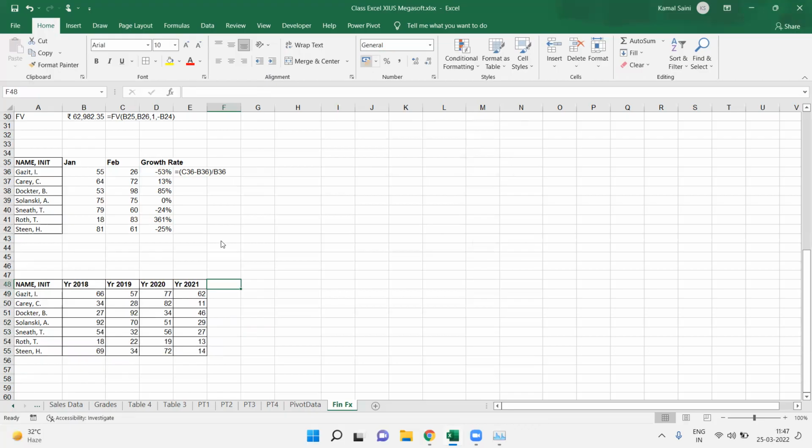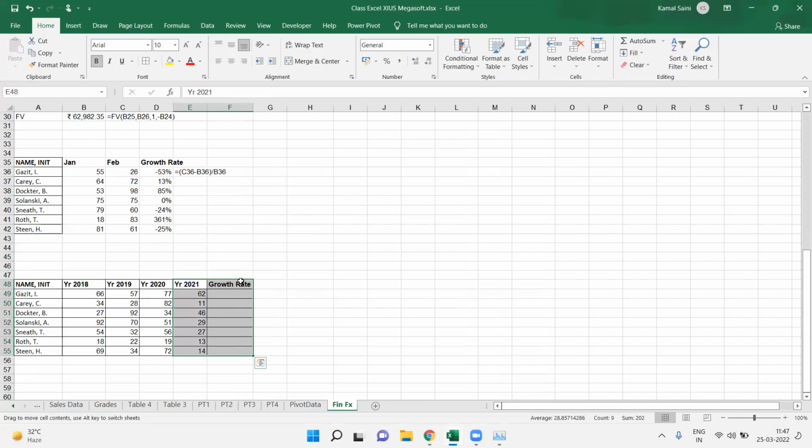Now this is the data. Now in this scenario, I want to find out the growth rate. Now how to do it?